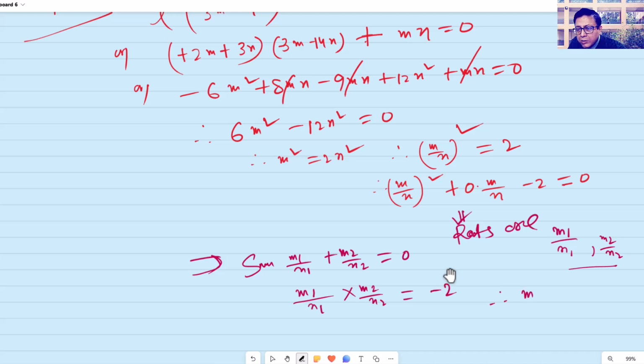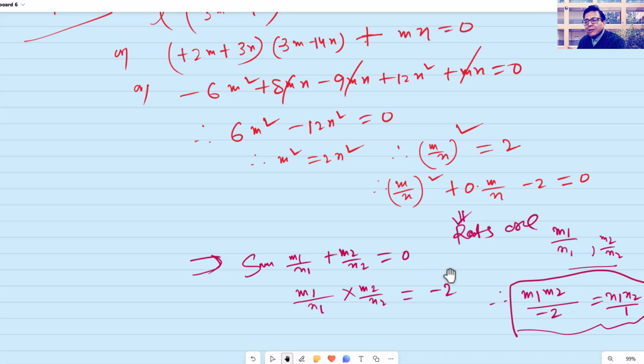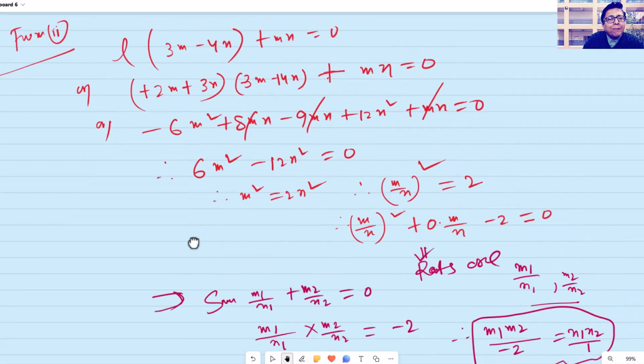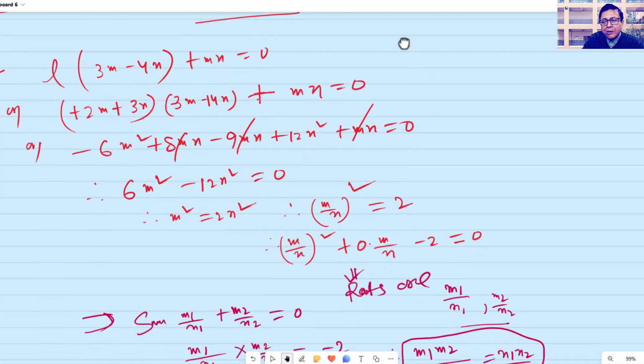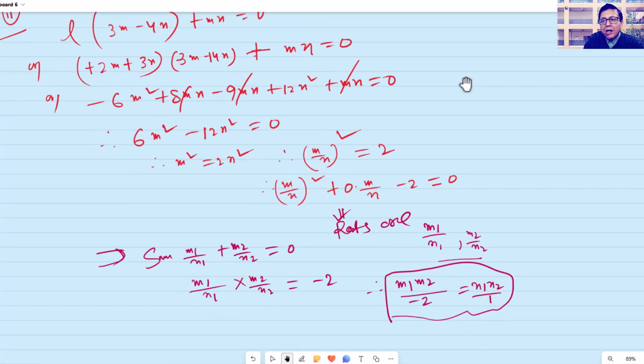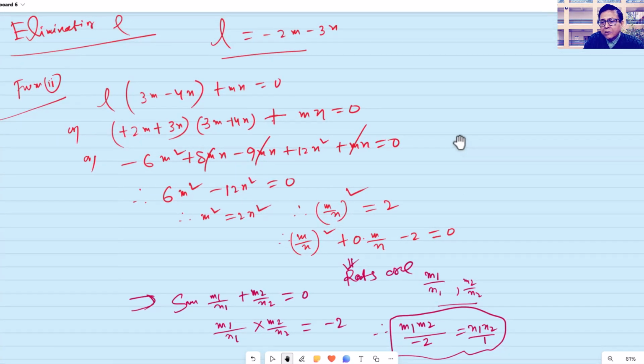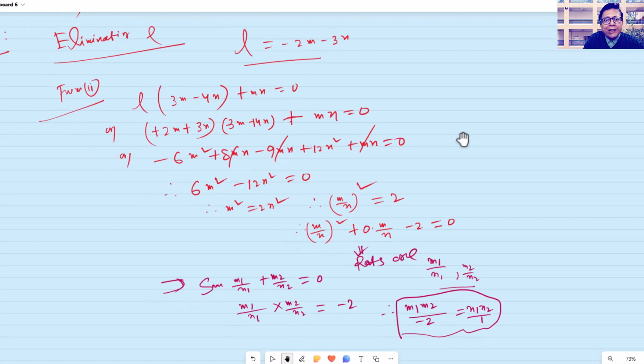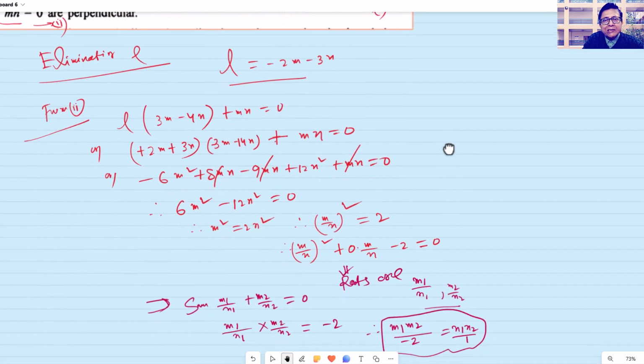Therefore, m1 by m2 by... So two lines, their direction cosines two parts, m1, m2, n1, n2 related by this relation. I have to relate another one. Another one means I have to relate L and M or L and N also. You understand what I say?